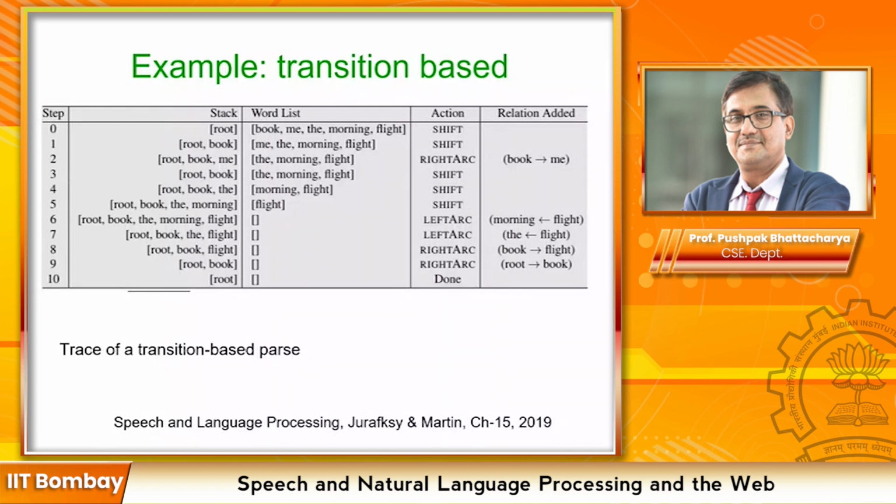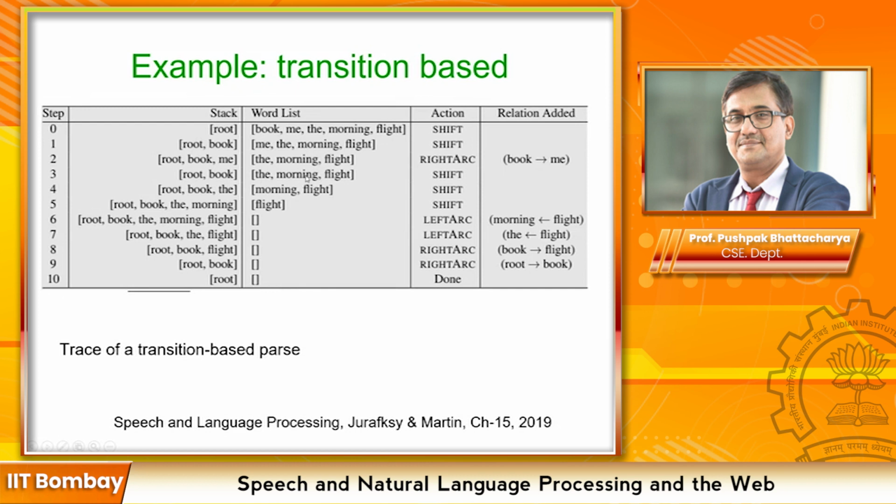What is the reason? If I remove book from the stack, then you see I've taken the root of a subtree which is rooted on book, because book also has other dependents. The flight, for example, will be related to book by an object relationship. And then flight is again the head for the and morning.